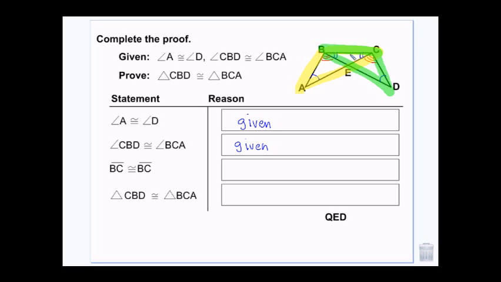That tells me that that's the same side length for both triangles, right? Because BEC is a triangle between them. So BC is the same as BC because that's reflexive. And so then I have angle, angle, side. Do you see that? Angle, angle, side, angle, angle, side.